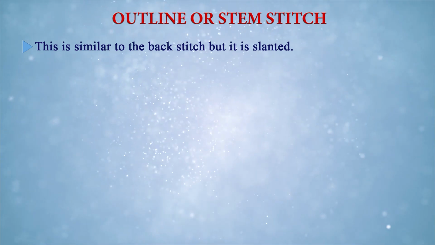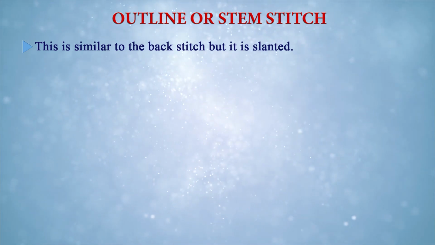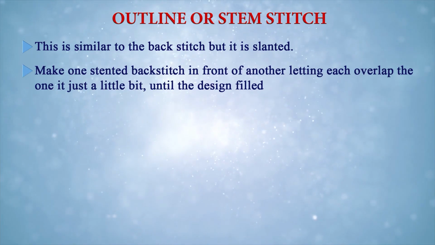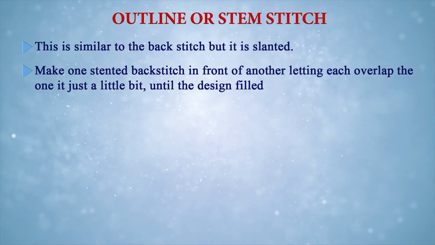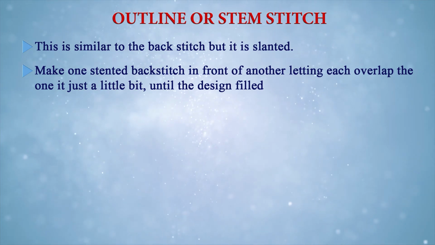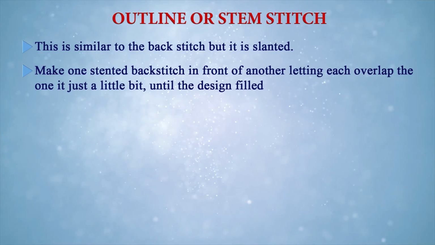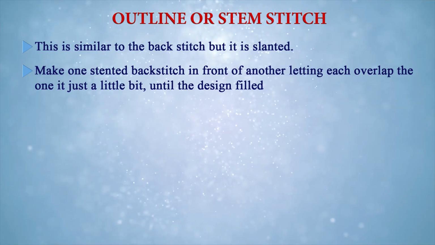Then the fourth is the outline or the stem stitch. This is similar to back stitch, but it is a little slanted. Make one slanted back stitch in front of another, letting each overlap the one before just a little bit until the design is filled.